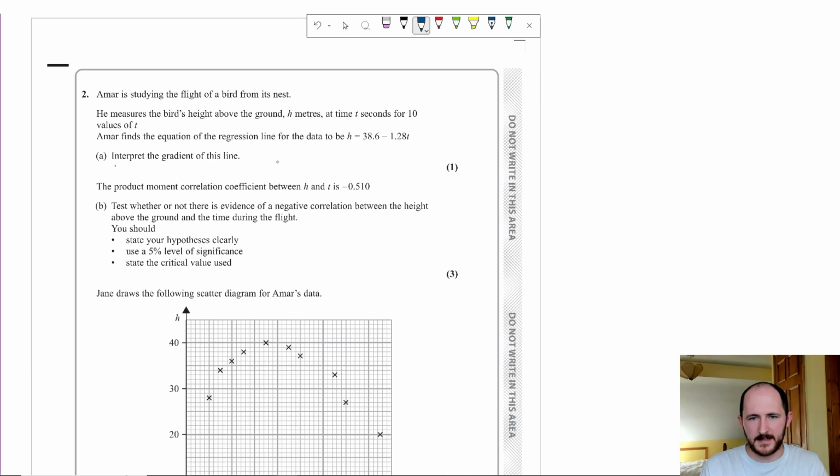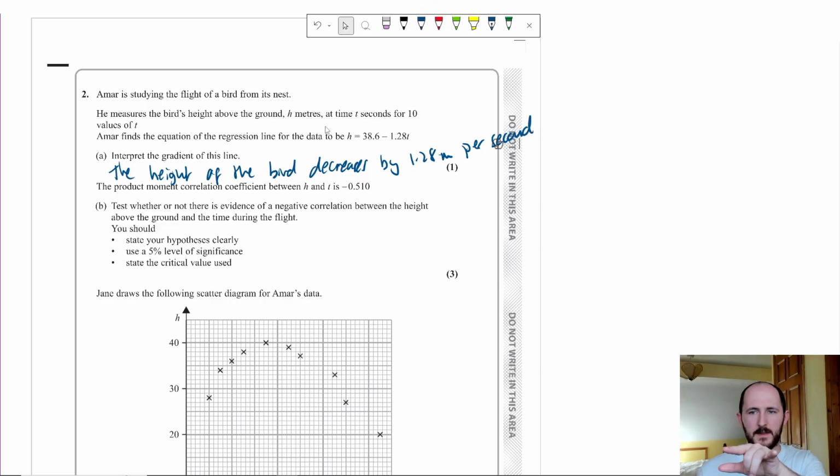You would say the height of the bird decreases, and you do have to specify decreases, not just changes, by 1.28 meters per second. So can you see how I've used everything from the question? h is height in meters at time t seconds.